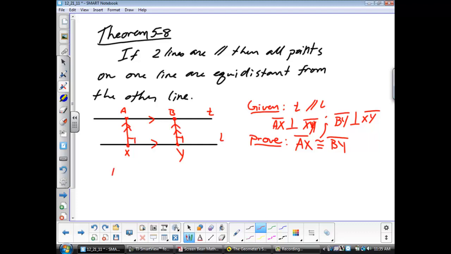So first off, AX will be parallel to BY because both are perpendicular to XY. The theorem says that if two lines are perpendicular to the same line in a plane, then they are parallel. And what this means is ABYX is a parallelogram by definition of parallelogram.